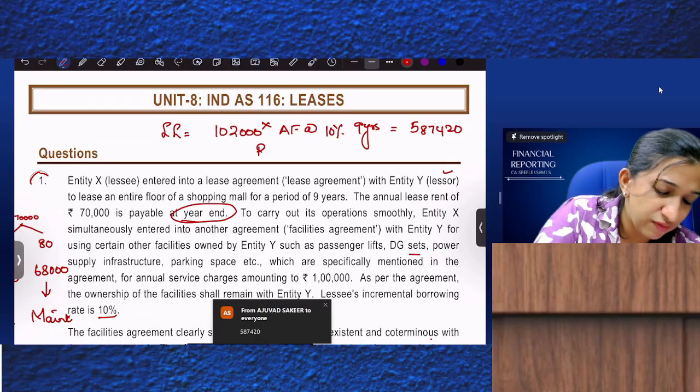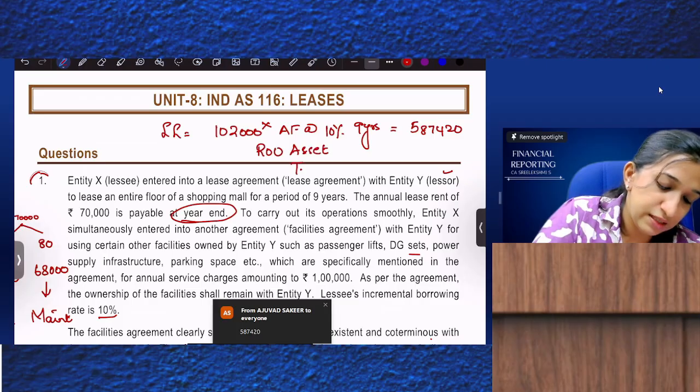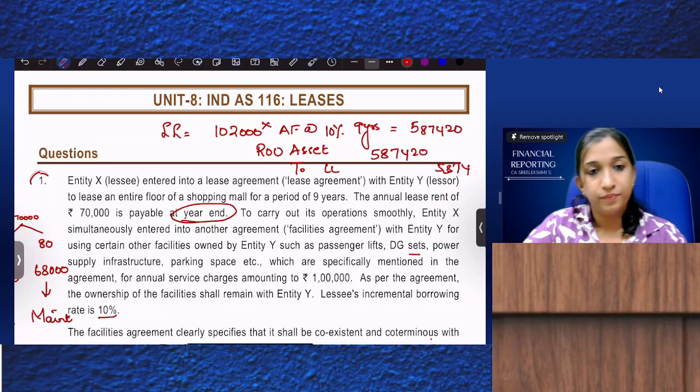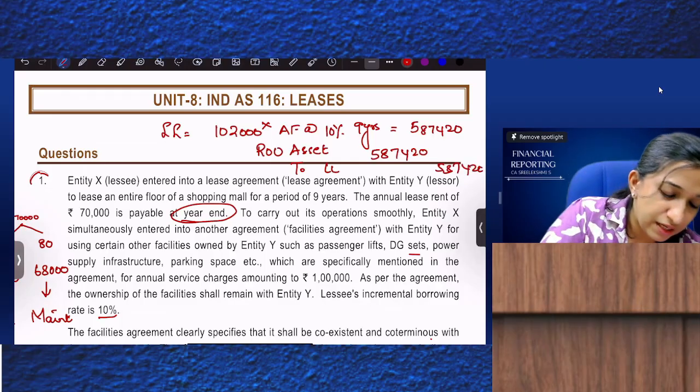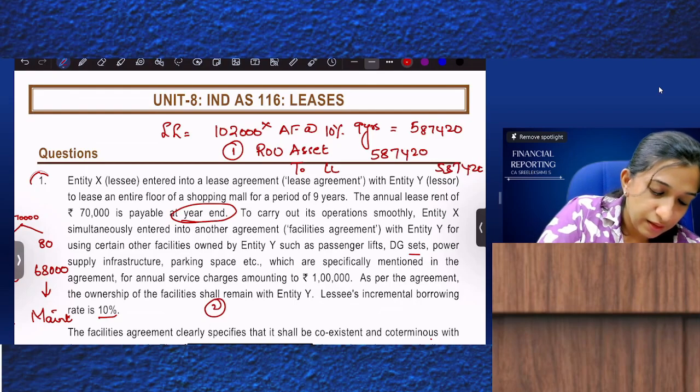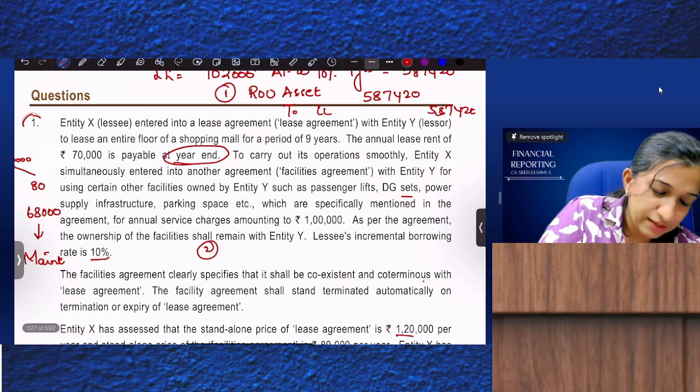My first entry will be ROU asset to lease liability. Then the second entry, interest to lease liability.